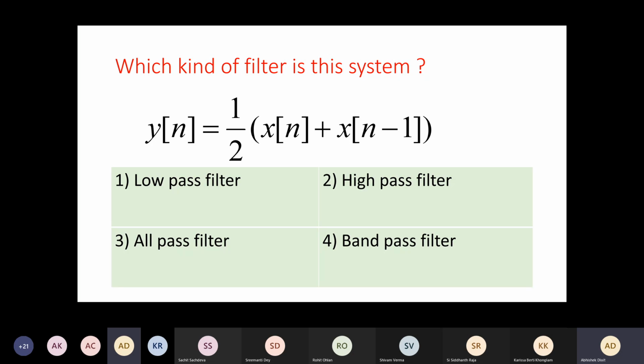What kind of system is this? It's kind of an integrator, right?